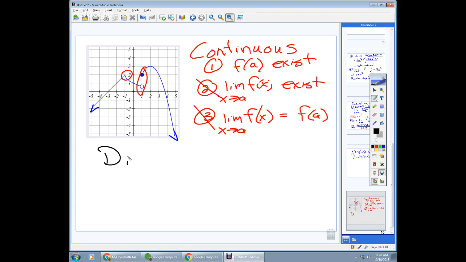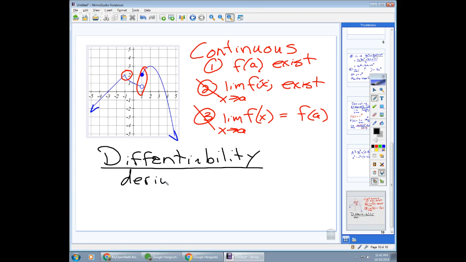Differentiability is kind of similar. One way to think about differentiability is the derivative function is continuous. So what does the derivative function tell us?